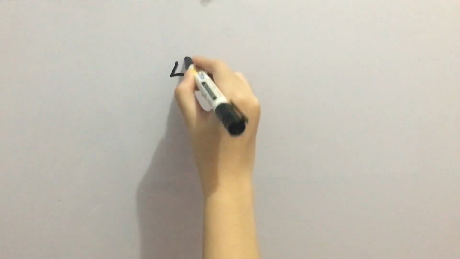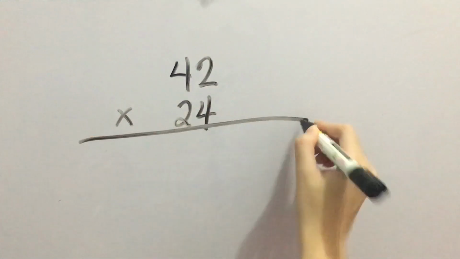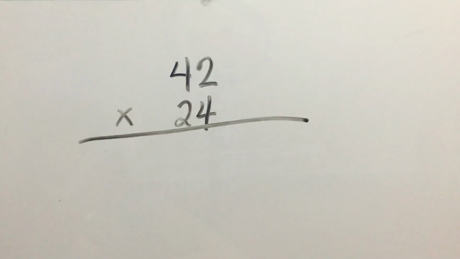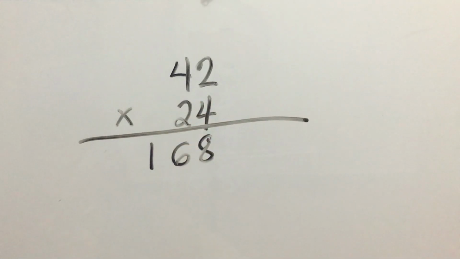Now, let's try multiplying two-digit numbers. When we multiply 42 and 24, we will follow these steps. Step 1. Multiply the ones digit of the multiplier with all the digits of the multiplicand. Regroup if necessary. Step 2.